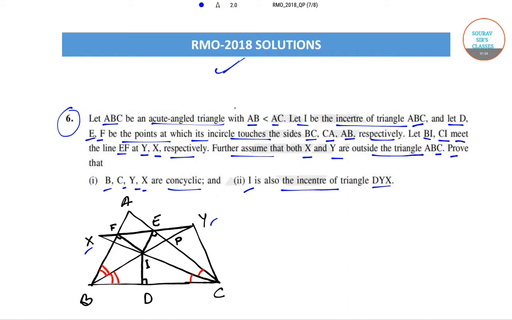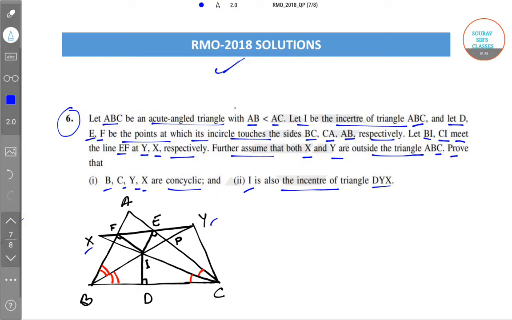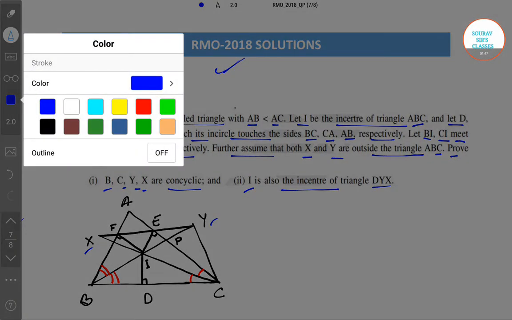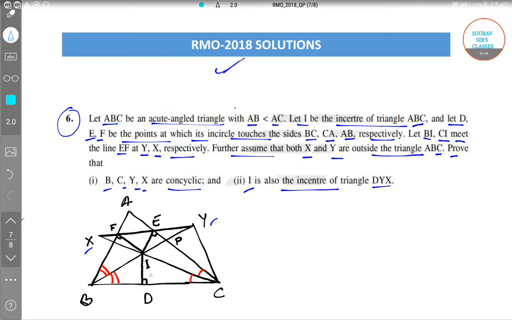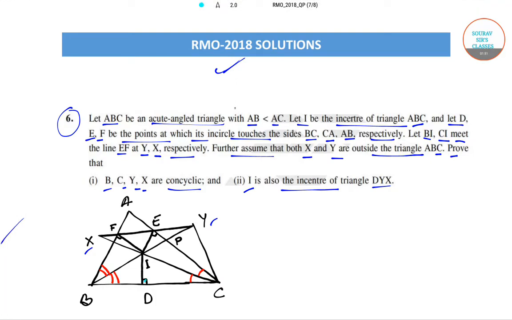So now we need to prove that B, C, Y and X are concyclic and I is the incenter of the triangle DYX. So DYX, if we draw on the triangle, let me use some separate color for this. So this will be the triangle DYX.